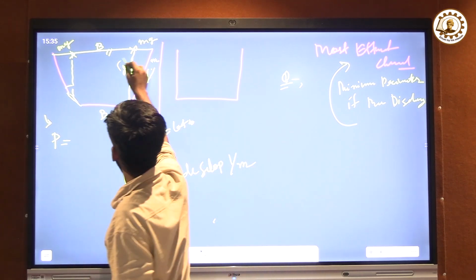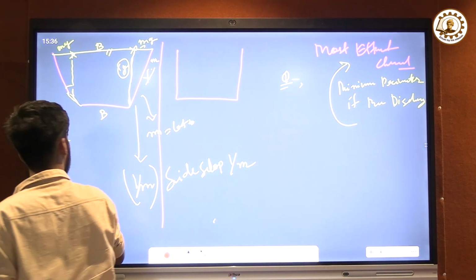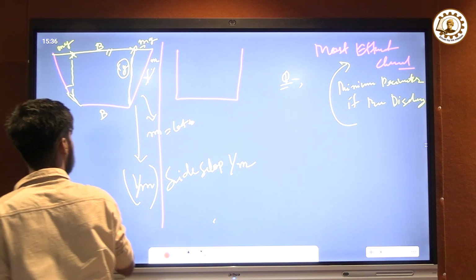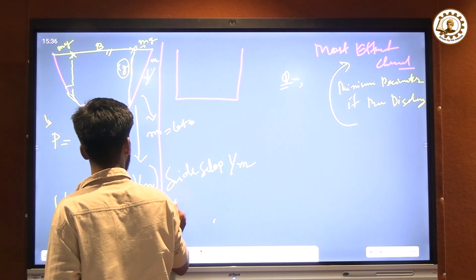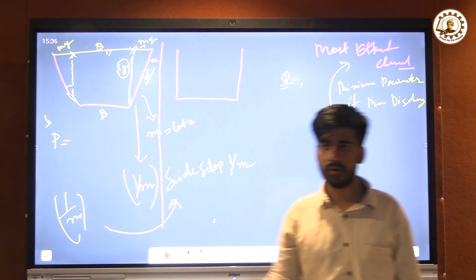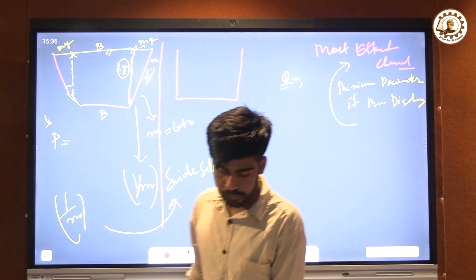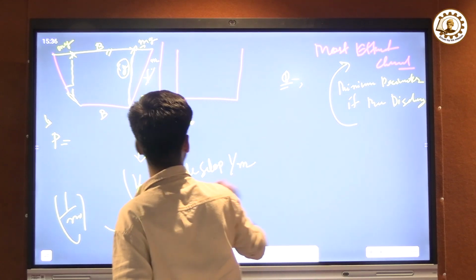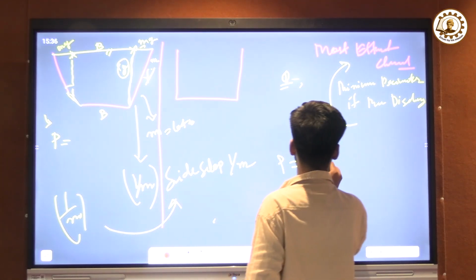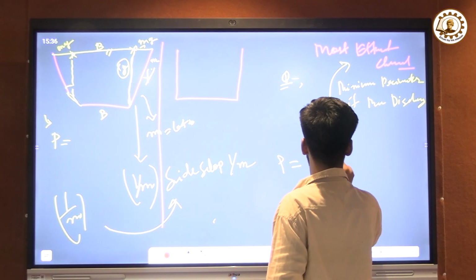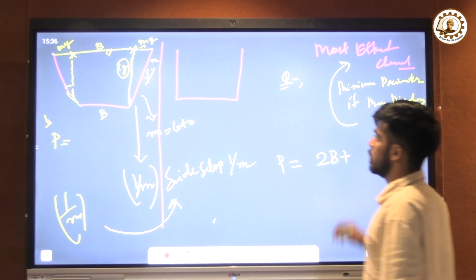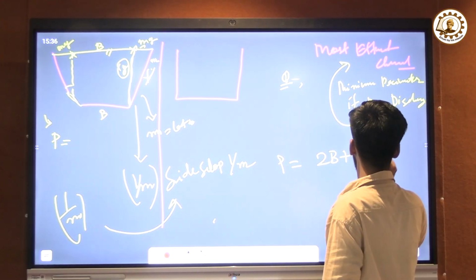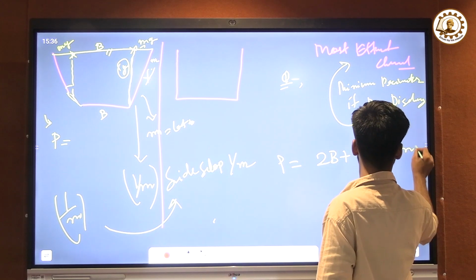The ratio of this and this will become 1 by m, which is our side slope. Now the wetted perimeter will be 2b plus my plus my.